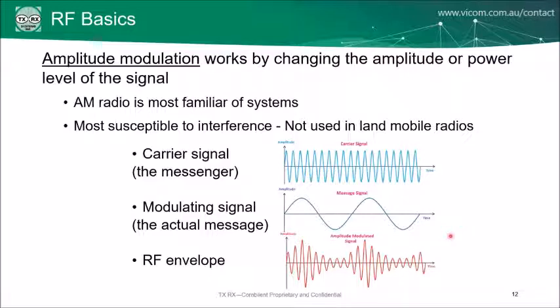Because of this, we tend not to use AM in land mobile radios, or at least not by itself. In this case, though, we've got a carrier signal and a message signal. The combination of the carrier and the message creates this compound wave, and this is the signal that's actually being transmitted by your equipment.